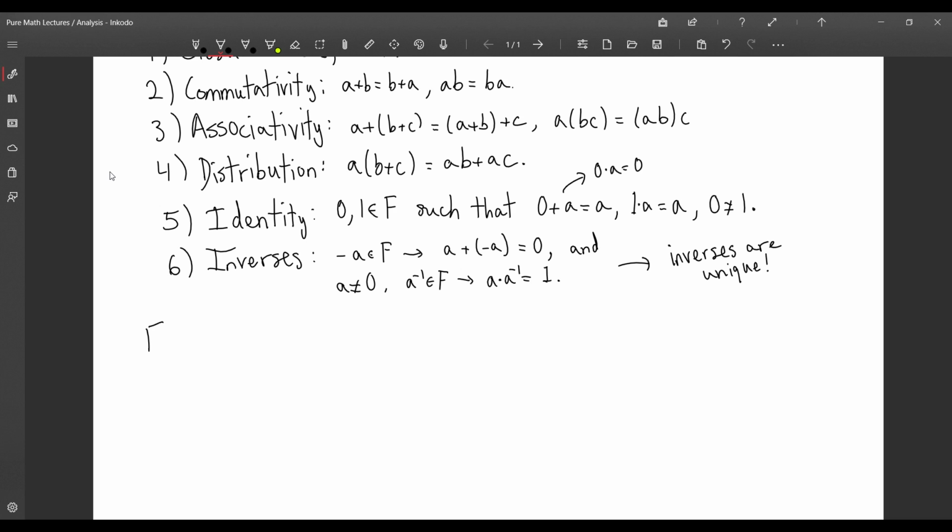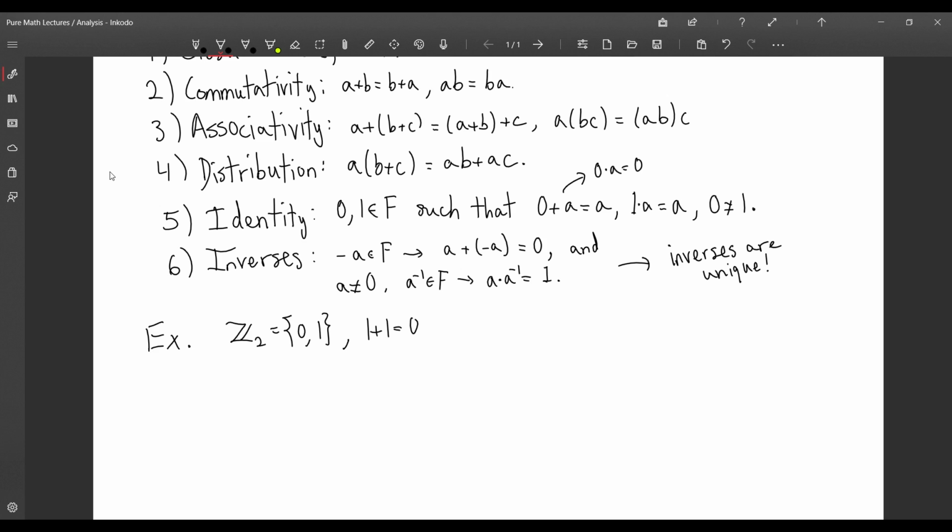So for an example of a field, we can consider the smallest field, which just consists of 0 and 1, with the added restraint that 1 plus 1 equals 0, and otherwise all the addition and multiplication rules are the same as we would expect, but we have to specify that 1 plus 1 equals 0.